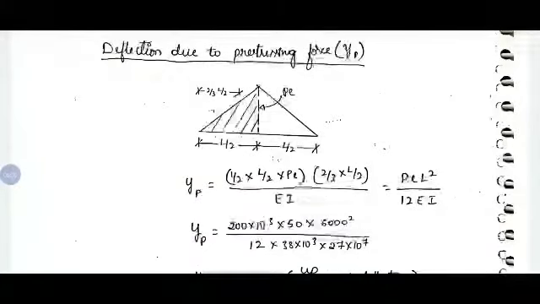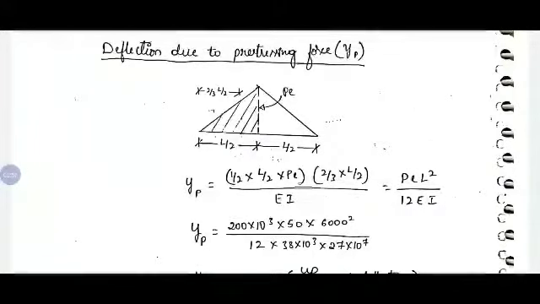By using this bending moment diagram, we need to find out the deflection due to prestressing force. If you consider a span of L, as we know, we are going to consider half of the span, the bending moment diagram in the half of the span.